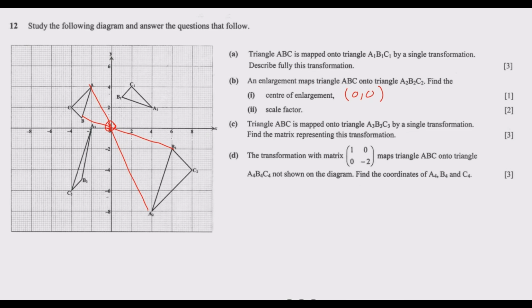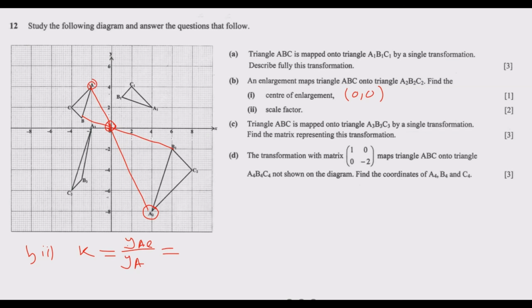Then a scale factor. So to find the scale factor of this Roman numeral 2, which we shall call K, what we need to do is we either pick the value of y or x, whichever is okay. So we're going to pick in this case y. So it's a value of y at A2, which is the image, then divide by y at A, which is the object.